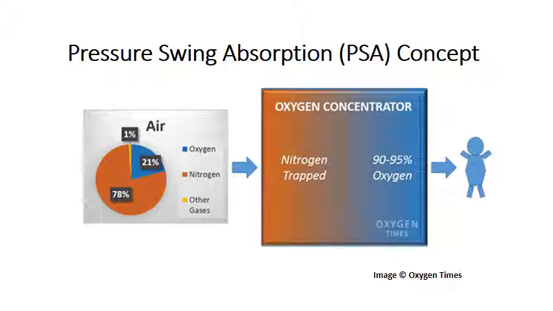The final product remains the same ratio of 1% to 21% argon and other gases to oxygen. And therefore, the final product will be 95% oxygen and less than 5% other gases, mostly argon.